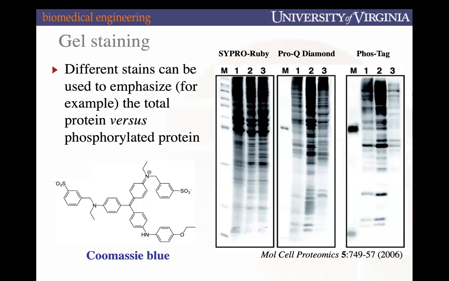If the voltage is too low, it's just going to eke through and not make its way down. If you crank it up to 100, 120 volts, that's usually standard, and it'll run all the way down in about 30 to 45 minutes. The way these gels are made enables separation, when it's SDS-PAGE, based on size, where you'll have your really large molecular weight proteins towards the top and your smaller ones towards the bottom.